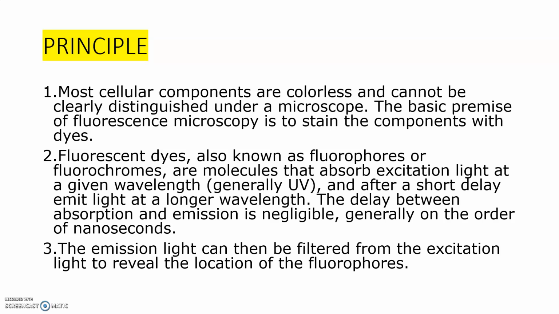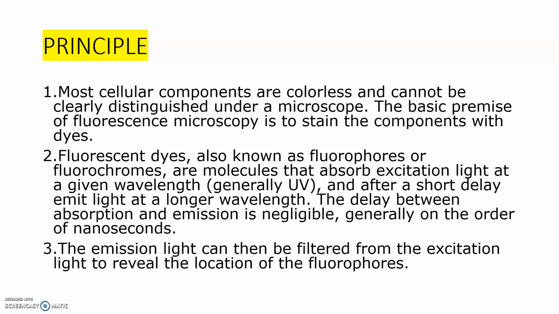For the dyes, we are using fluorescent dyes, also known as fluorophores or fluorochromes. These are molecules that absorb excitation light at a given wavelength, and after a short delay, they emit light at a longer wavelength. The delay between absorption and emission is negligible, very minute, generally on the order of nanoseconds.